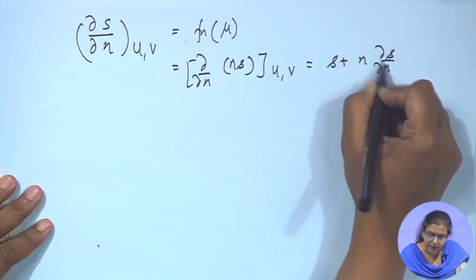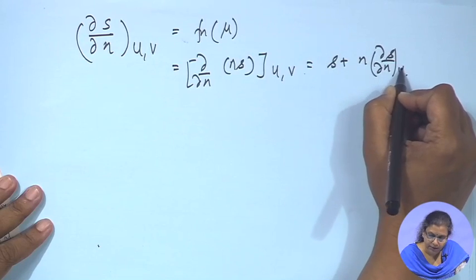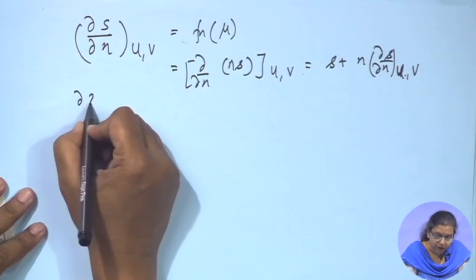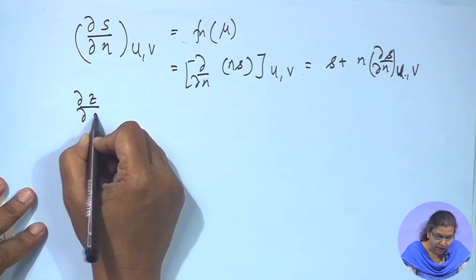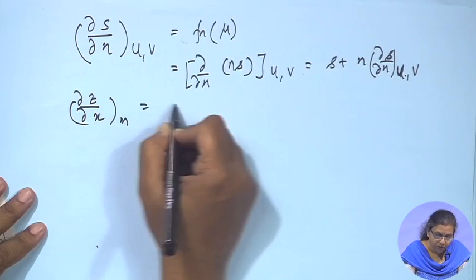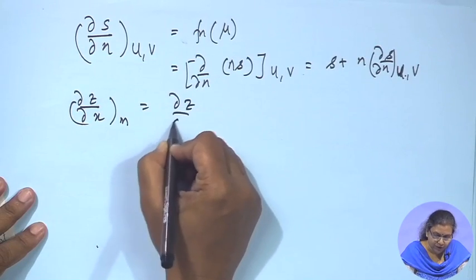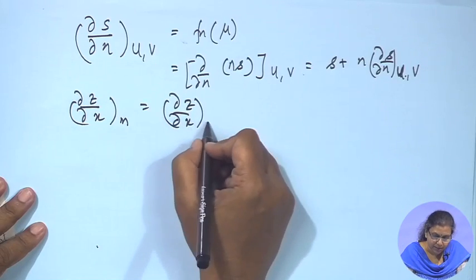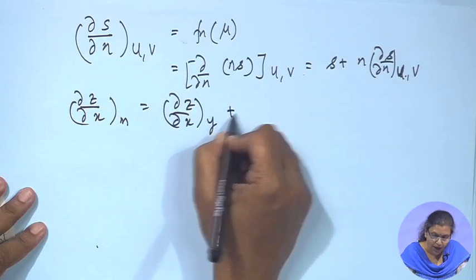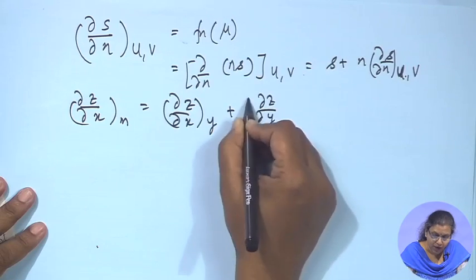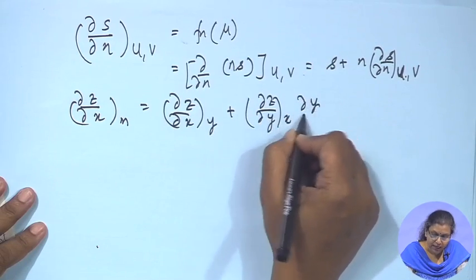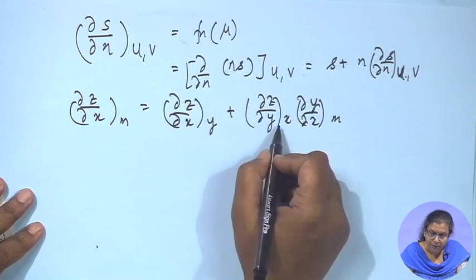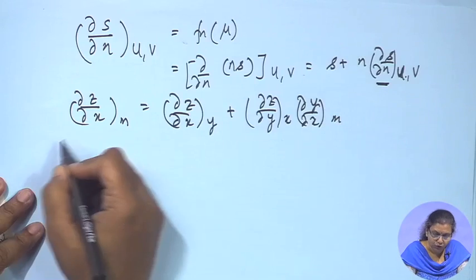Now, I would like to remind you of a very important rule of differentiation, which is given as del z del x at constant m is nothing but del z del x at constant y plus del z del y at constant x into del y del x at constant m. So, if we apply this equation here, what do we get?